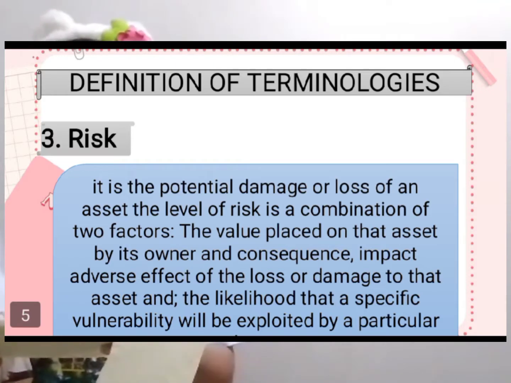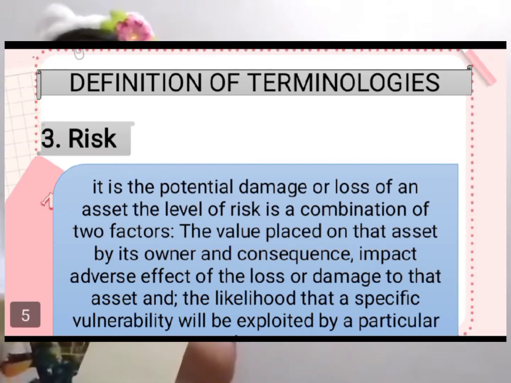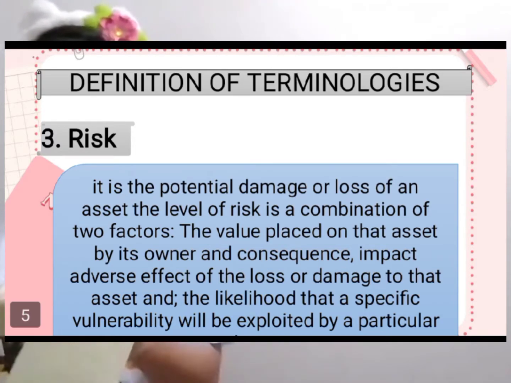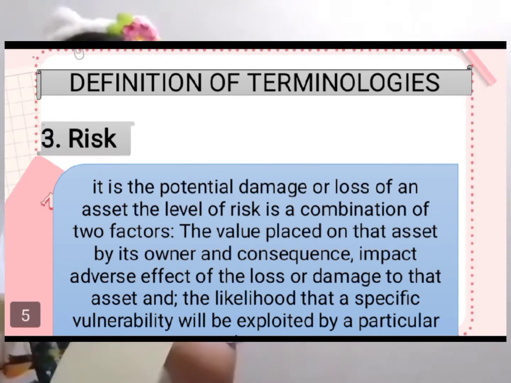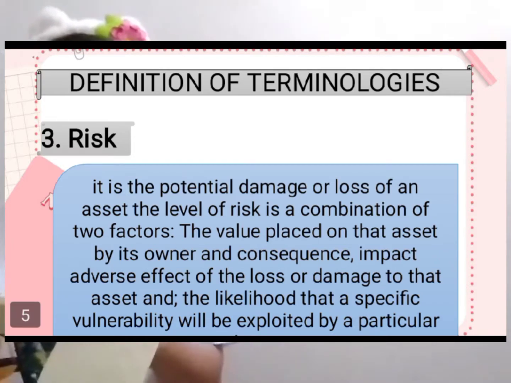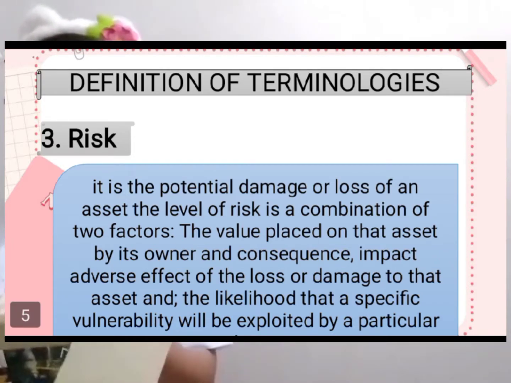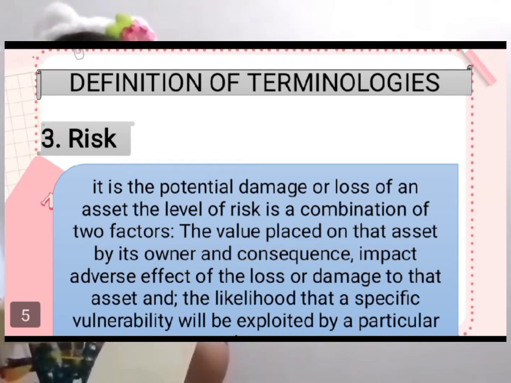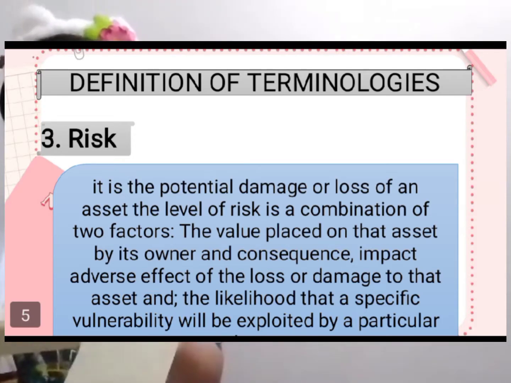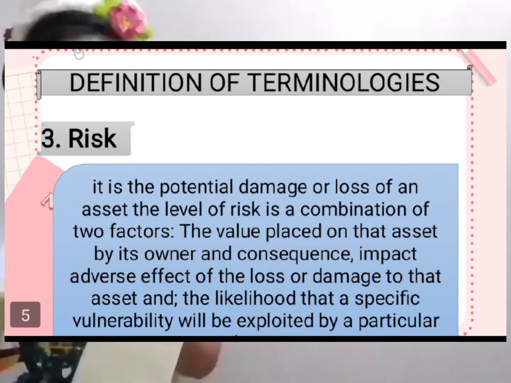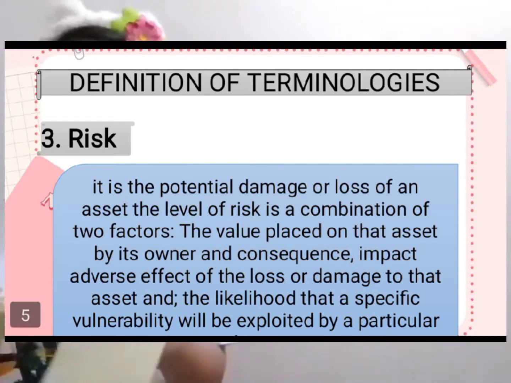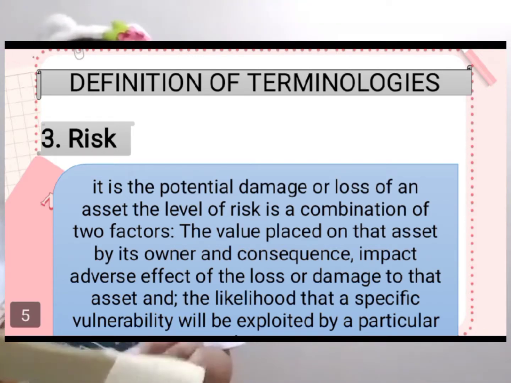The level of risk is a combination of two factors: the value placed on that asset by its owner, and the consequence, or adverse impact, of the loss or damage to the asset, and the likelihood that a specific vulnerability will be exploited by a particular threat.